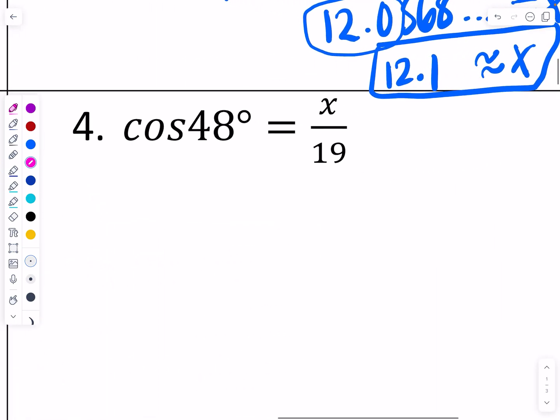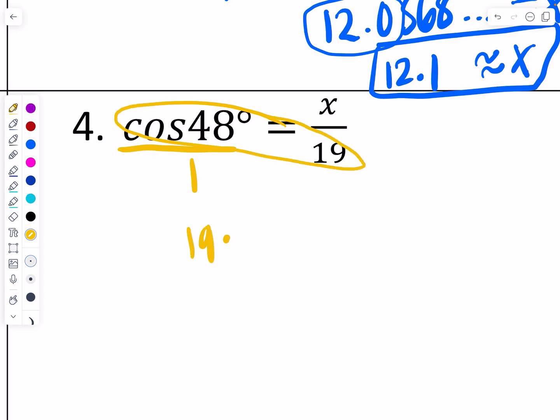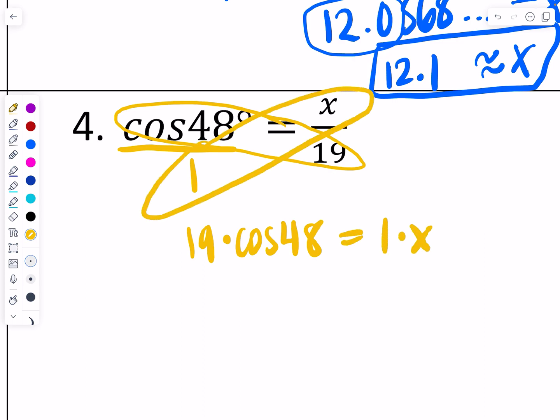Okay, let's look at a cosine problem. So this is going to be cosine of 48 over 1. This time, I'm going to cross multiply. So that's going to be 19 times the cosine of 48 equals 1 times x. 1 times x is just x, and then this is going to be 19 times the cosine of 48. I'm just going to type that into my calculator.